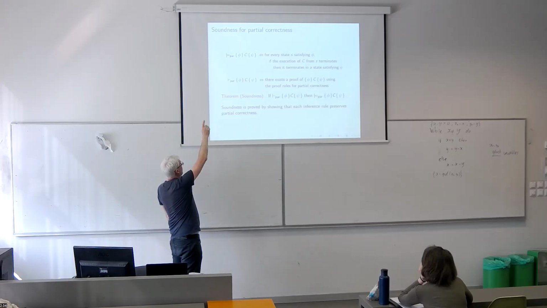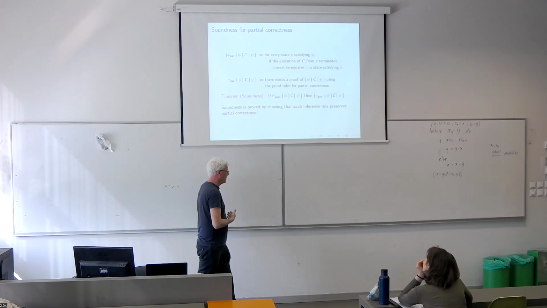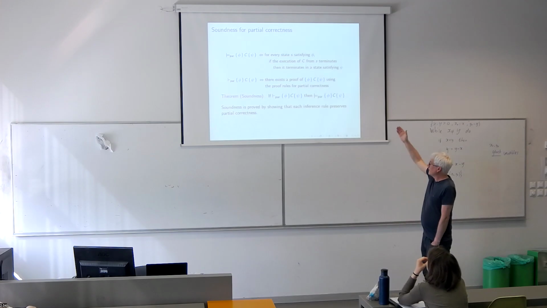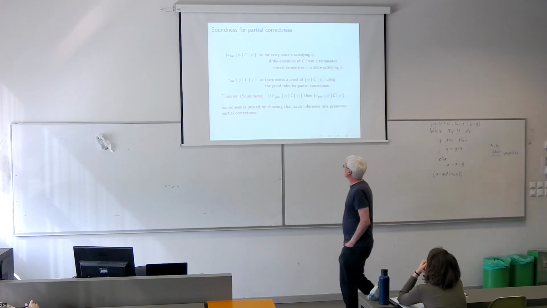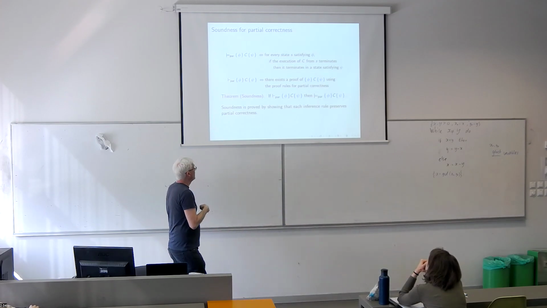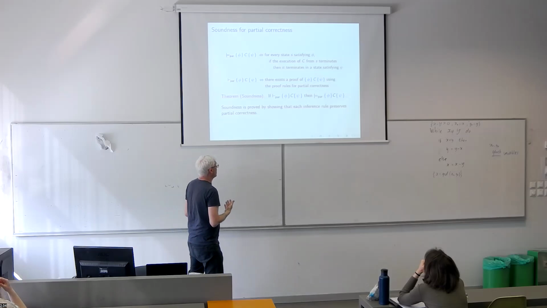We say that a Hoare triple, precondition phi, command C, postcondition psi, so C takes phi to psi, is a partially correct specification if exactly what we had before: whenever we have a start state S satisfying the precondition phi, if the execution of C from that start state S terminates, then it terminates in a state satisfying the postcondition psi. So that's basically what we wrote on the board before.